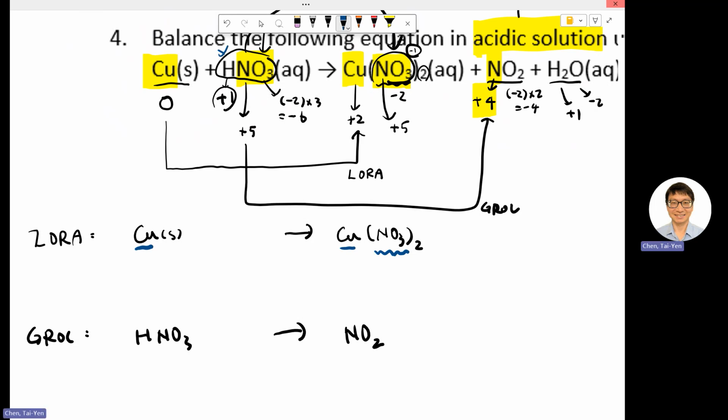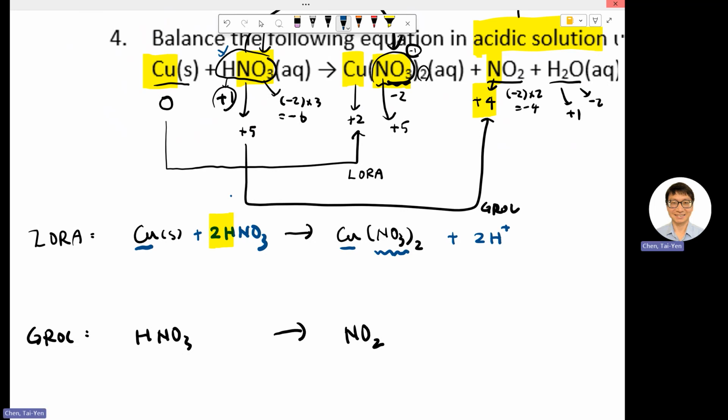Since you have two NO3, you need to add in two equivalents of HNO3, so they balance the number of NO3s on both sides. Once you balance that, you will realize that you added two extra protons on the left-hand side. Therefore, to balance that, we need to add in 2H+ on the right. Up to this point, you have balanced all the atoms for your oxidation.